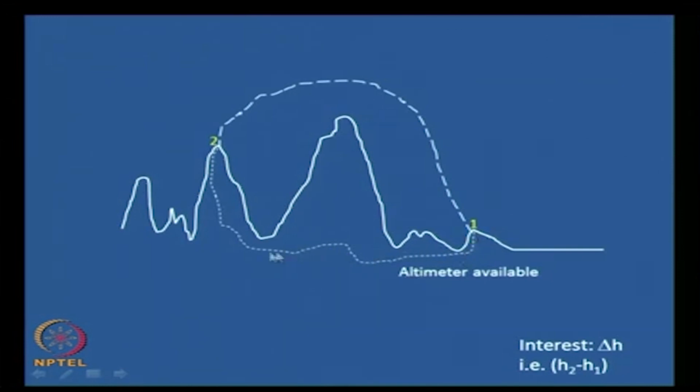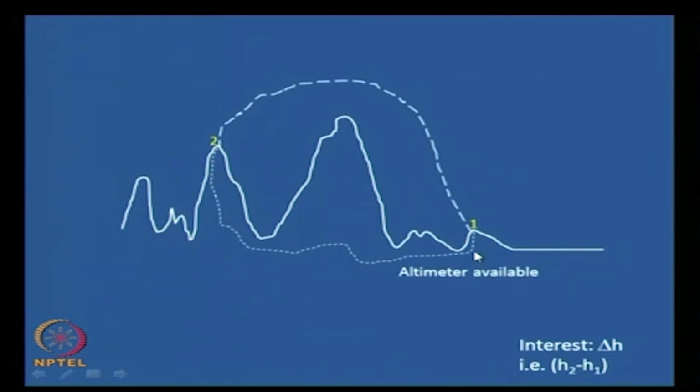Irrespective of the path in which an altimeter is available, whether that is taken or not, or whether the other paths are taken or not, the difference in heights is going to remain the same. It is just that this particular path gives us an easy measure of the difference in heights.